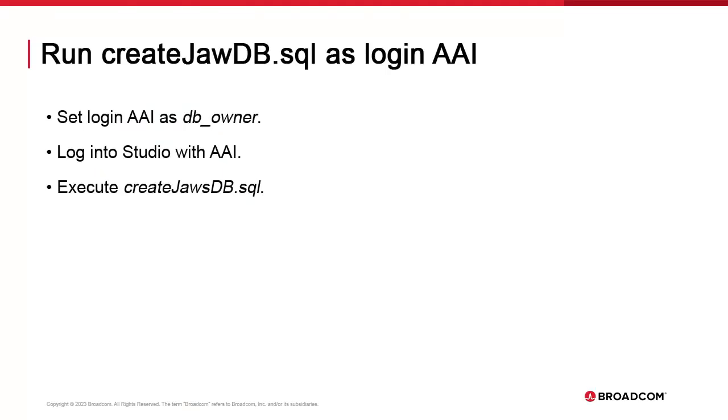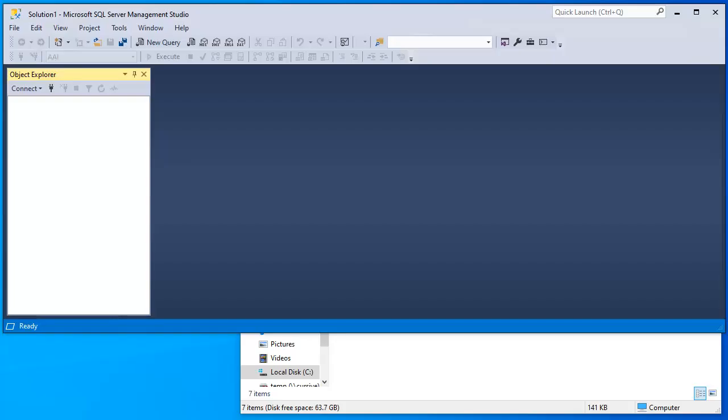We've created the empty database, now we have to populate it with AAI data structures. For this, we log into Studio with the AAI login and execute the create JAWSDB scripts. We do so because the data structures need to belong to AAI, not SA. Normally the script shouldn't fail. Depending on the version of SQL Server, it could happen.